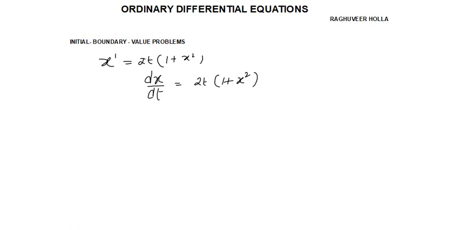Now if I put all the x terms on the left hand side, we get dx by 1 plus x square, putting all variables on one side, equals 2t dt. Now on integrating this, we get tan inverse x is equal to t square plus c.